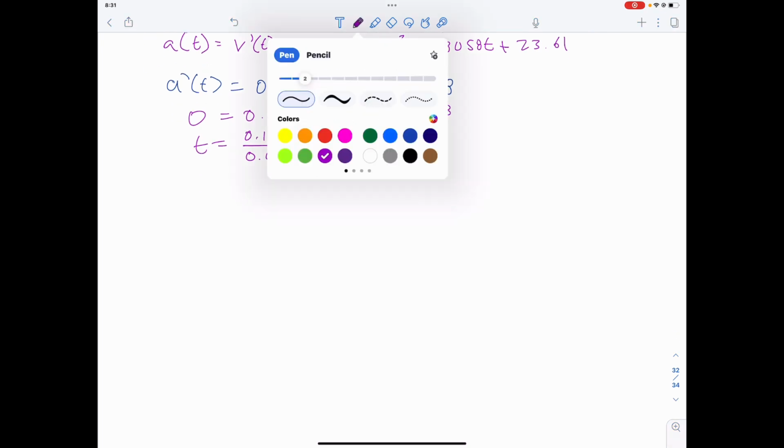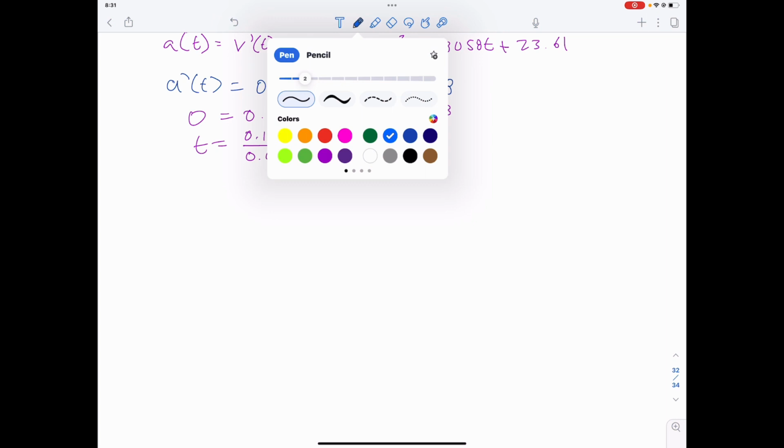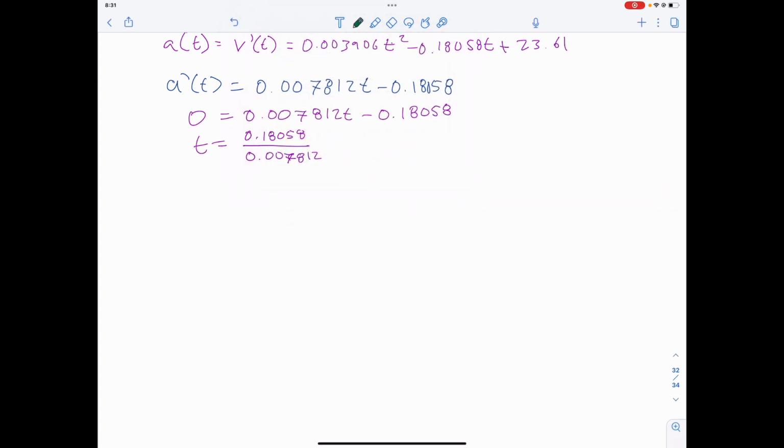I'm going to check my minimums and maximums given my local min or max for my critical number, and I'm going to check it based on the endpoints.